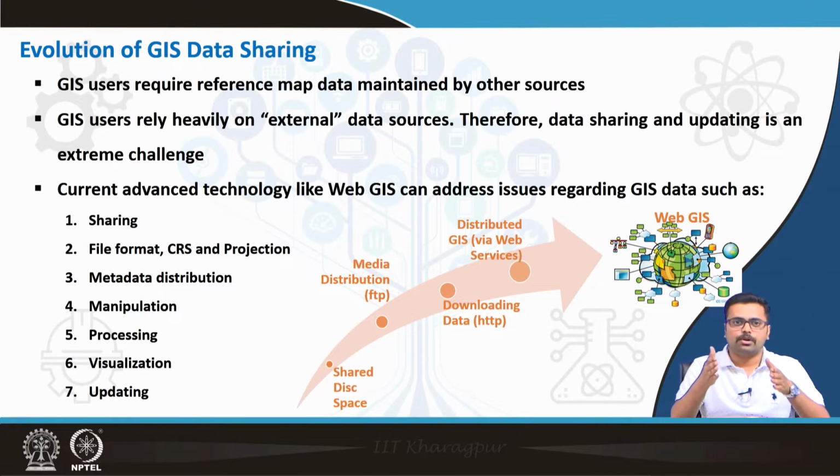And as of today, we are standing at a place where we can see the WebGIS has taken over all the previous file sharing systems, and now file sharing, or in particular geospatial data sharing, is very easy.